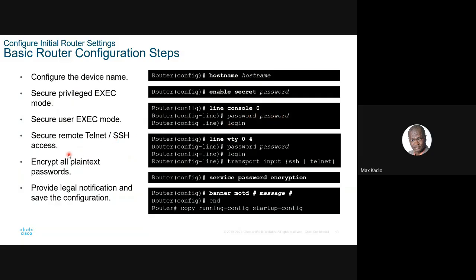There is something we'll be doing also, which is how to secure telnet, a remote session. Everything you configure is in the global config mode. Line vty 0 4, password, you enter your password, login, then transport input, you have a choice between SSH, that is more secure, and telnet. So it's up to you to choose. You can use telnet, it's fine, but SSH is more secure.